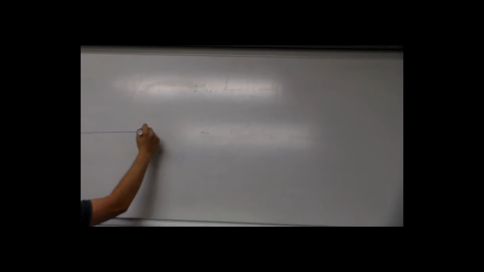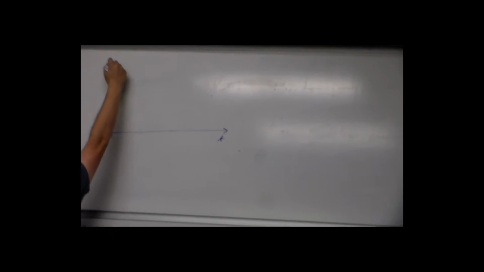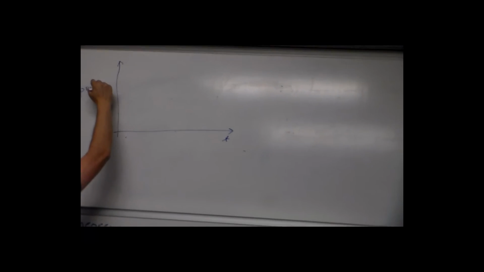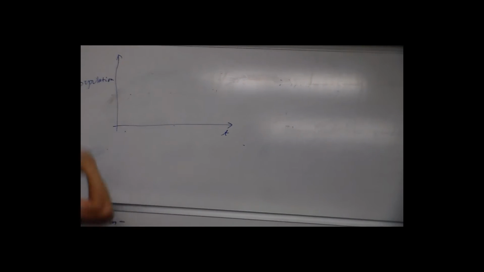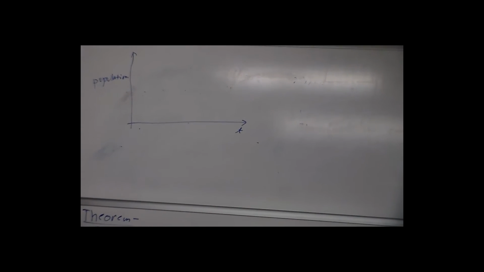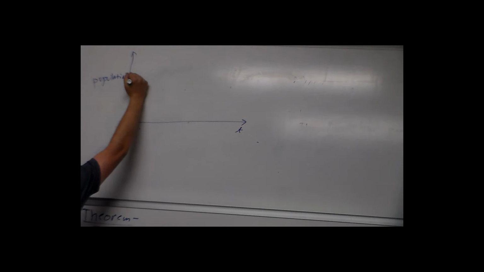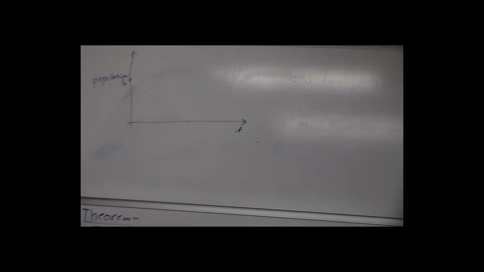So let's say my S naught is here, and I want to plot what the solution should look like as a function of time.